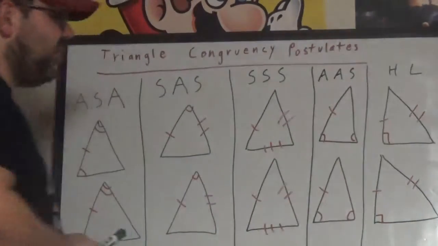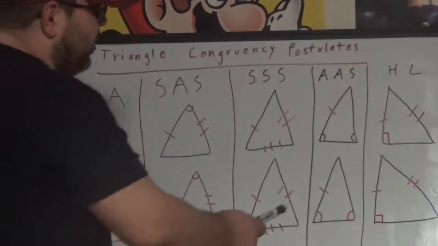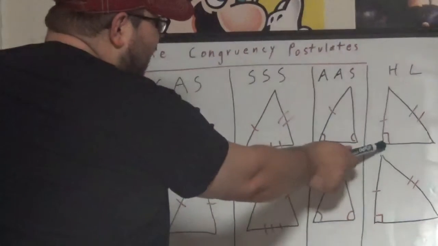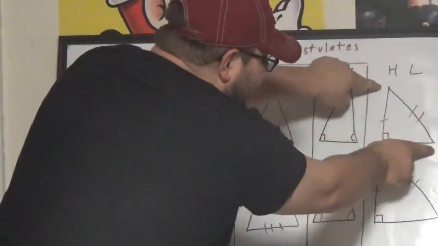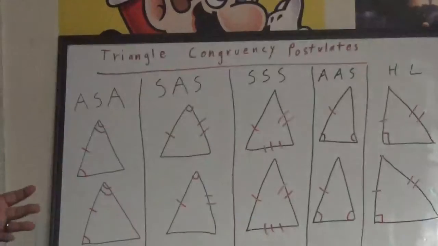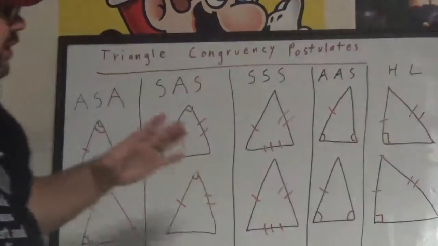So the legs are the two sides which are not the hypotenuse. A right triangle has two legs and one hypotenuse. The legs are the ones that come out from the right angle. So here's our right angle, and the two sides which are connected to it are the legs. The side not connected is the hypotenuse.